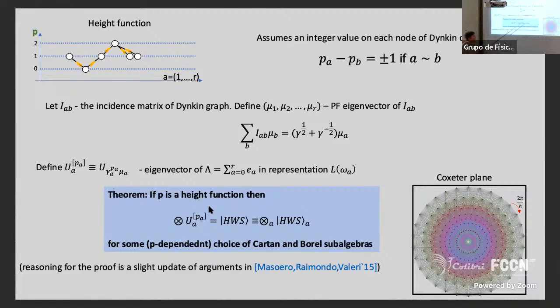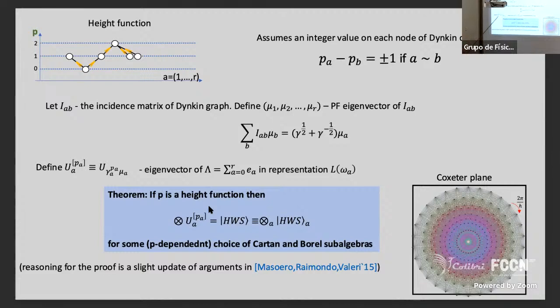And then the statement is the following: mu A, which is one of these numbers, times the h-th root of unity to the power p, where p is the Coxeter height function, will be an eigenvalue of this matrix lambda in representation A. This is the statement, and we define the corresponding eigenvector. So the eigenvector of matrix lambda in the representation A is rotated by an amount of p.